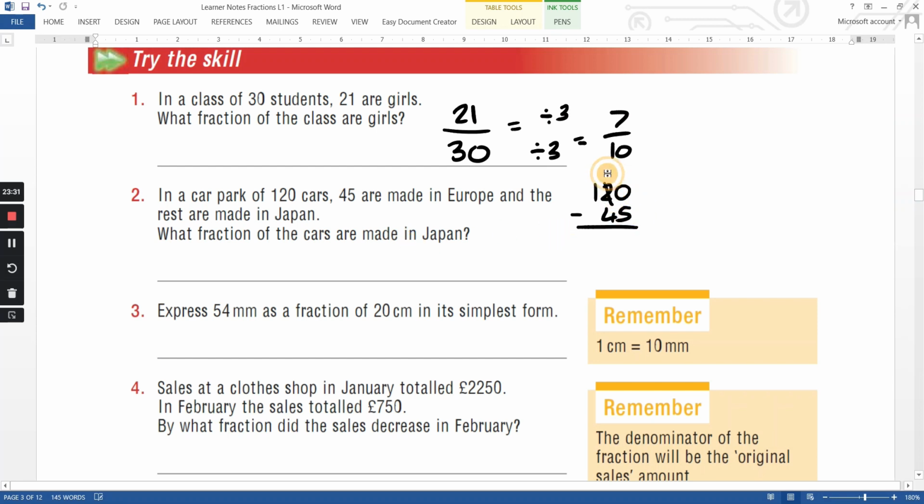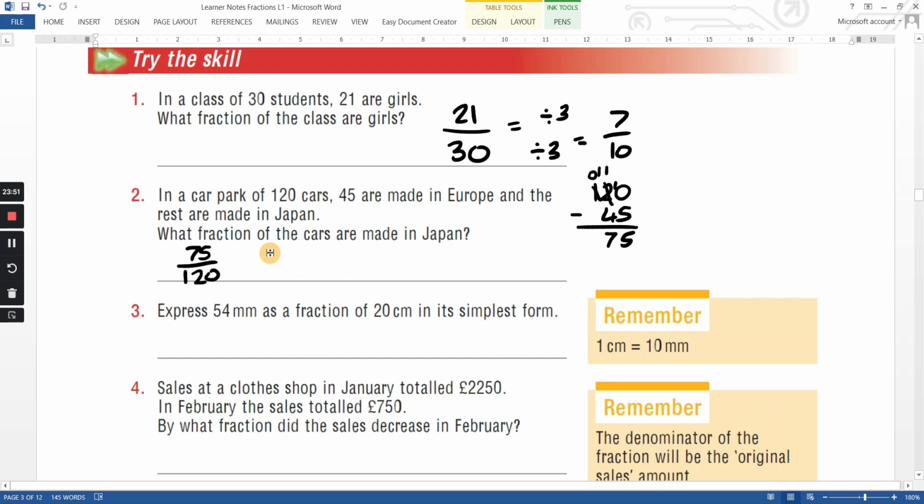I'm going to have to borrow again. So that is 75 cars in Japan. So that's 75 out of 120, which is the total.